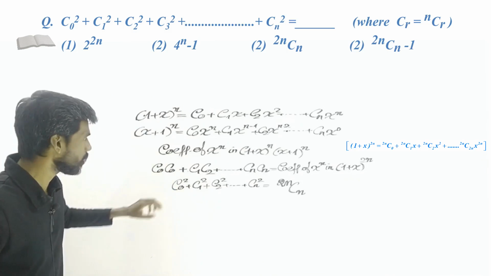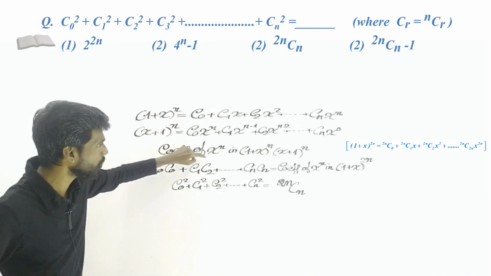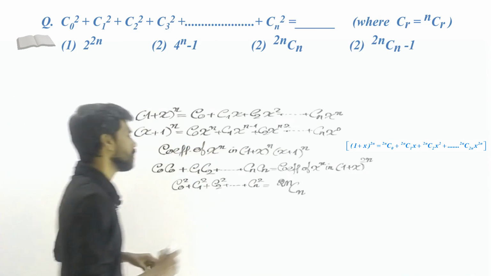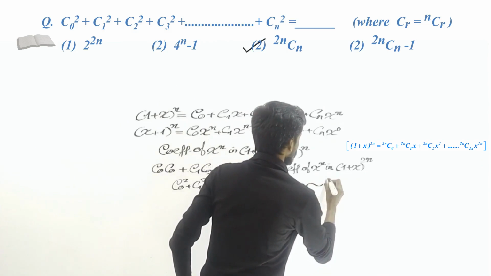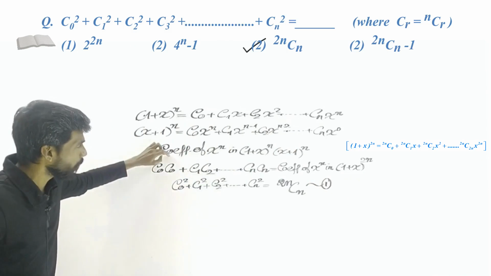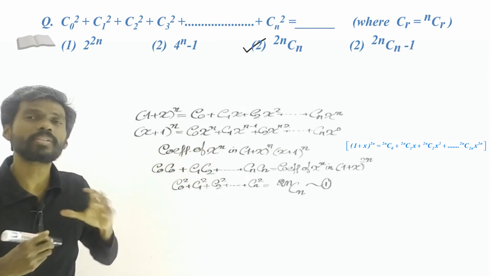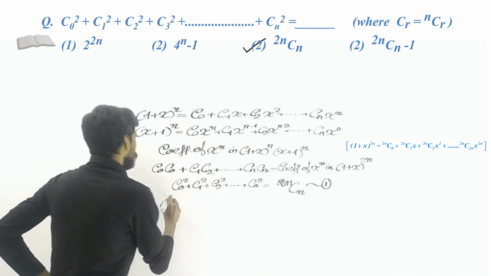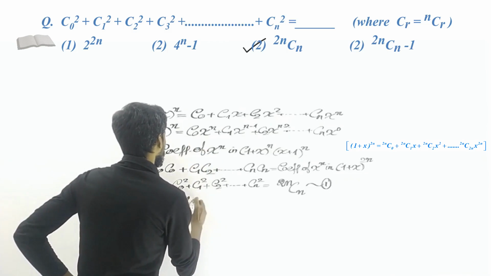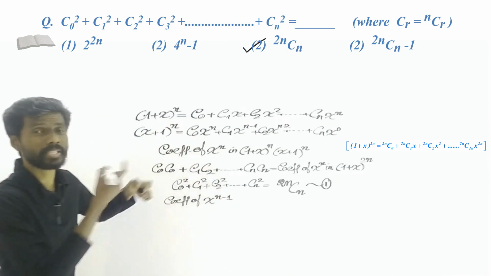Okay, yes. Now similarly we can derive other formulae. This is like one result which we have to remember. Now, what if you find the coefficient of x to the power n minus 1 in the multiplication?